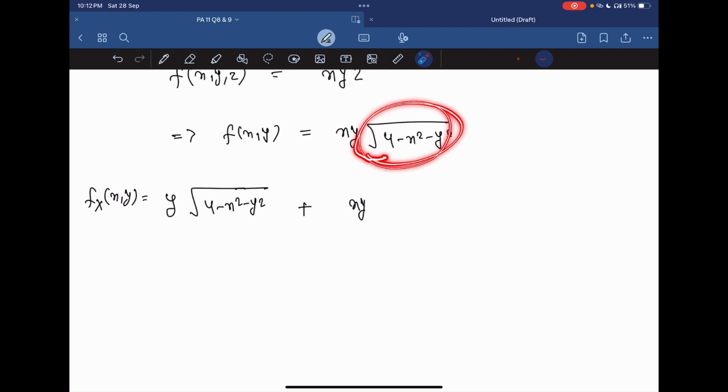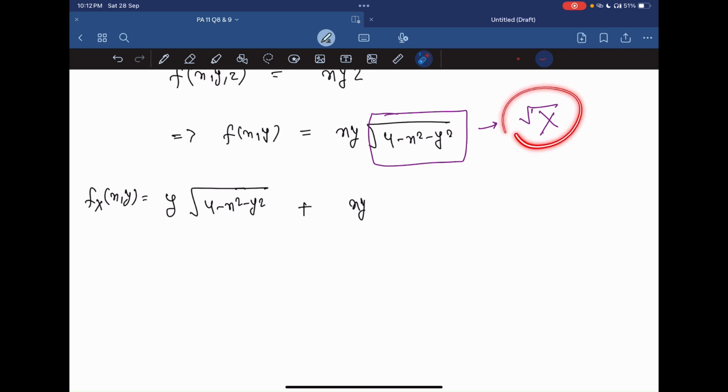To find the derivative of this, we can use the chain rule as follows. We can treat this as the square root of capital X, where capital X here is nothing but 4 minus x square minus y square. So if we want to find the derivative of the square root of capital X, we can treat it as capital X power 1 by 2, and its derivative would be capital X power minus 1 by 2 into 1 by 2.